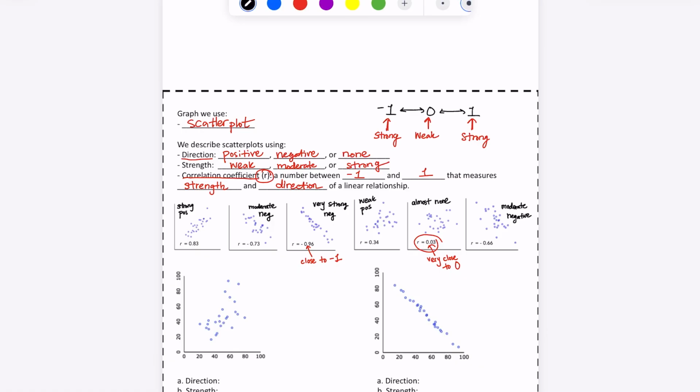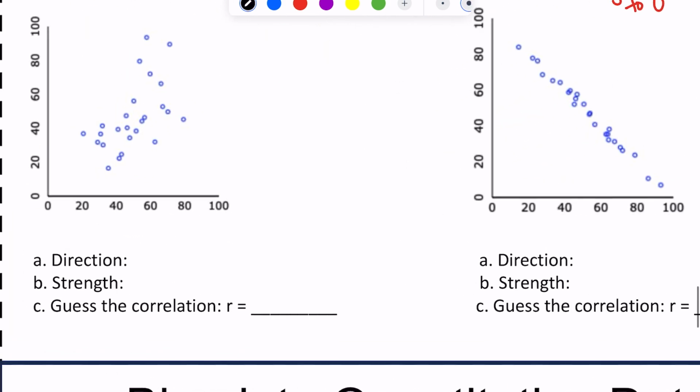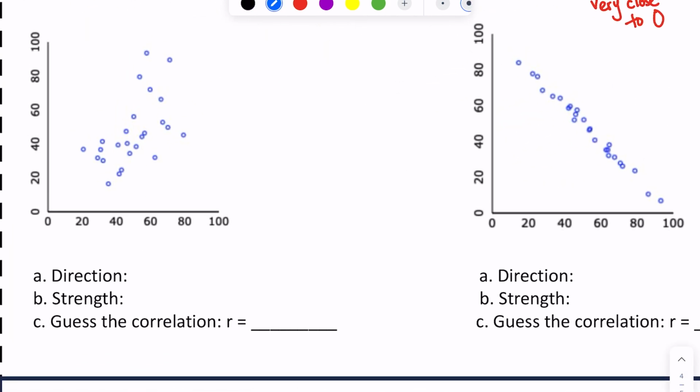Okay, we're back. Hopefully for this one, you said positive. And the strength, moderate. And are you ready to find out the real correlation coefficient?